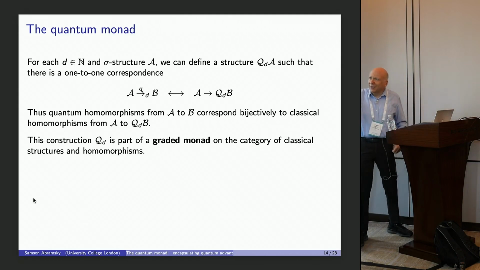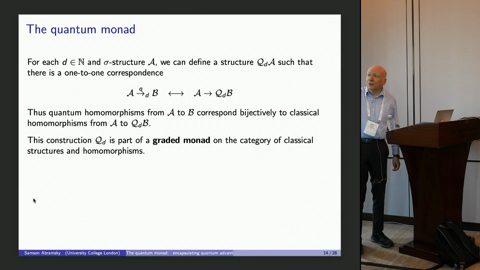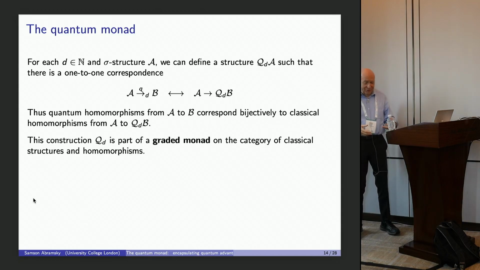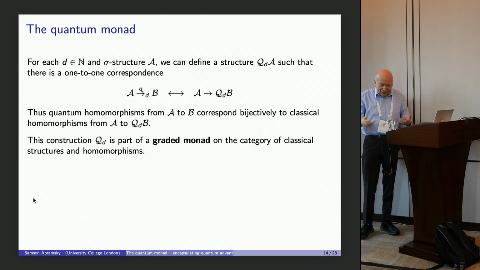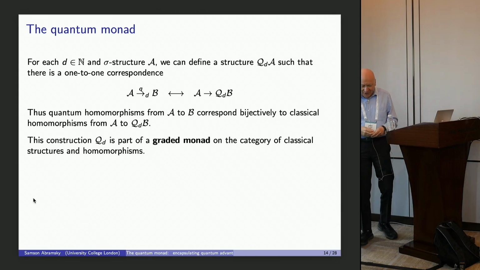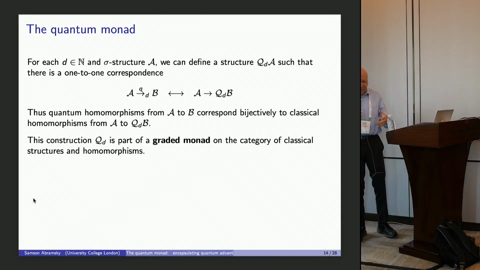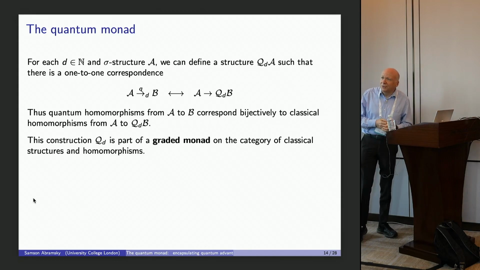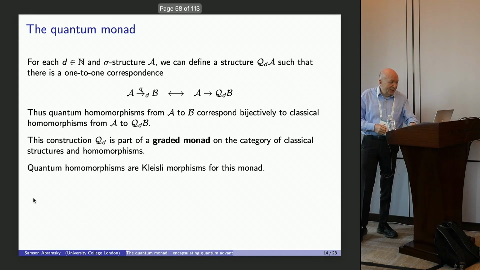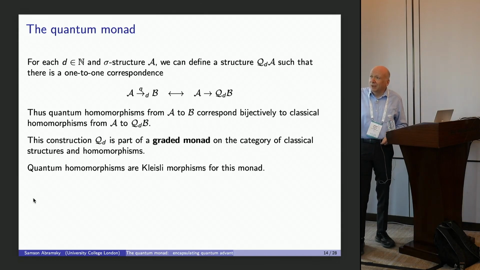Now there's one extra little point here which is quite important. It isn't just Q, it's Q sub D. This isn't just a monad, this is a refinement of the notion of monad, which has become increasingly widely used recently, the so-called notion of a graded monad, where we use some indexing of resources to grade the level of the monad that we're using. And in our case, this D is the dimension of the Hilbert space that we're working with.